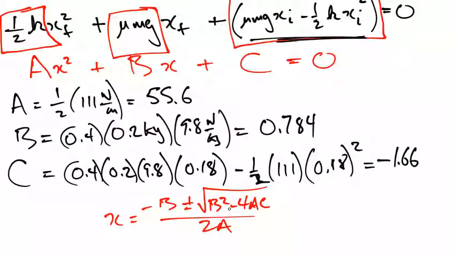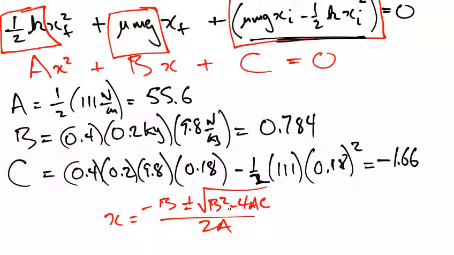So let me plug in these values: 55.6 into a, 0.784 into b, and negative 1.66 into c.